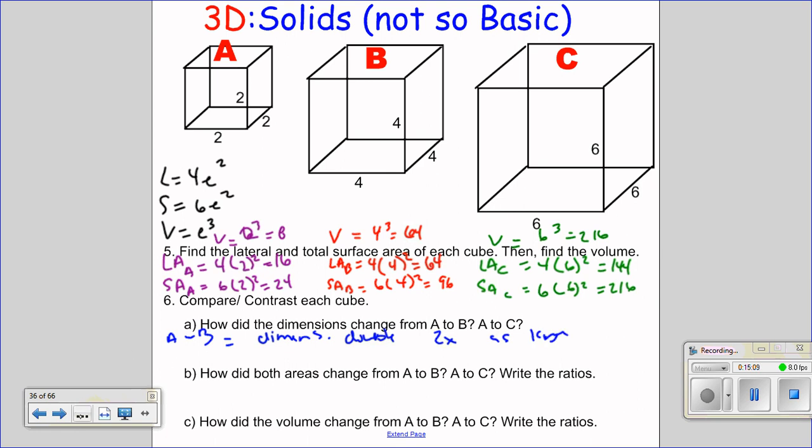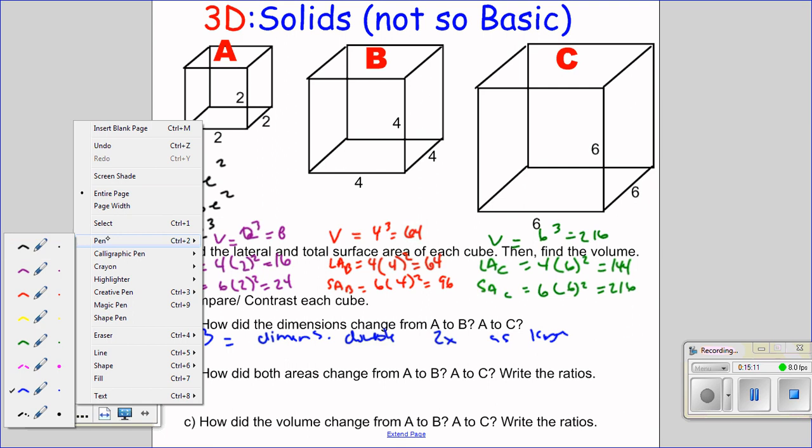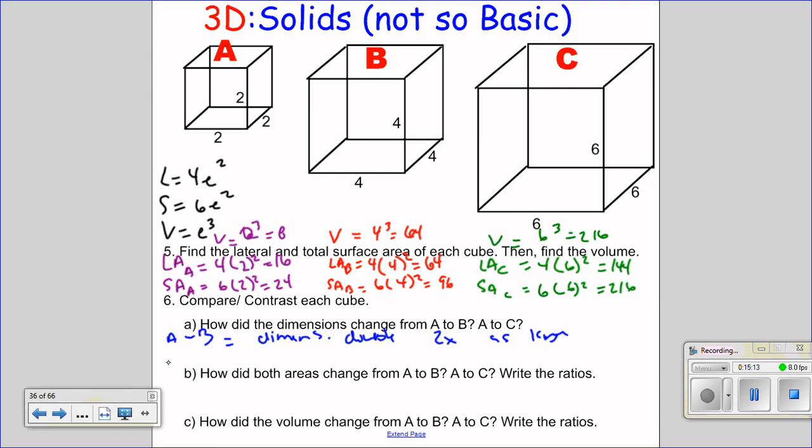And from A to C, the dimensions tripled. Again, 3 times as large.